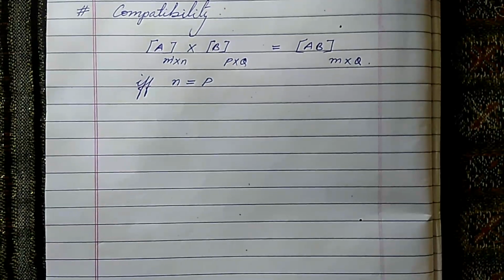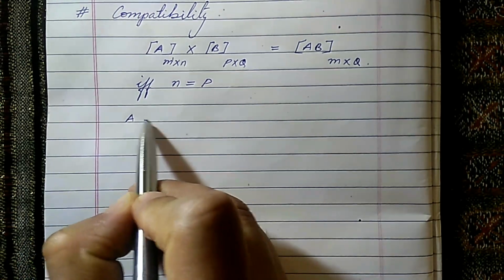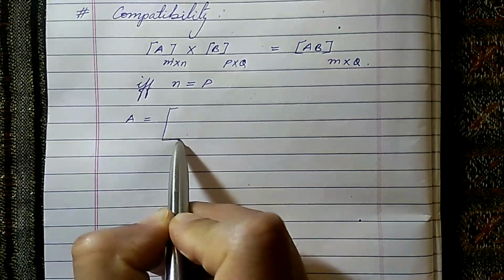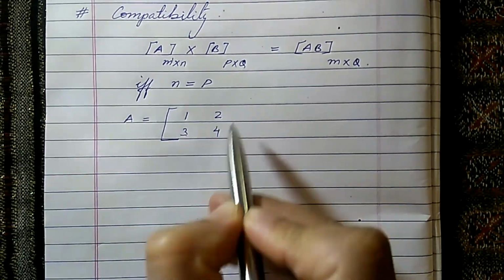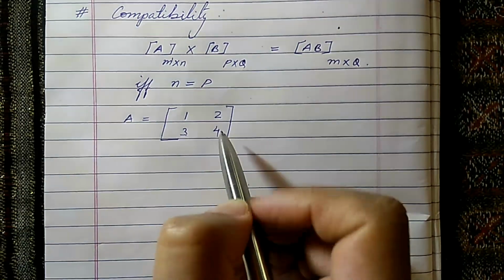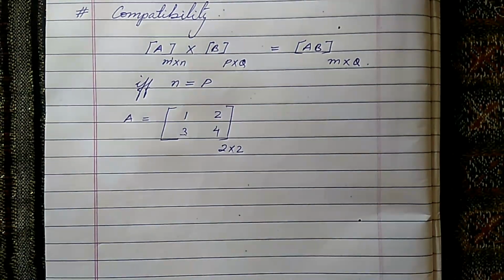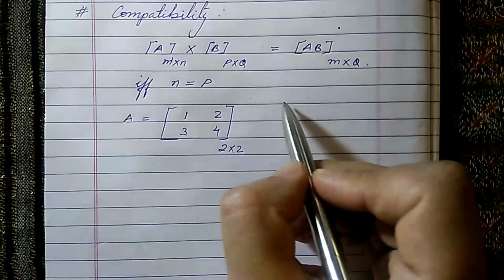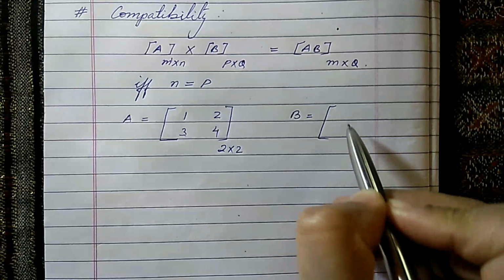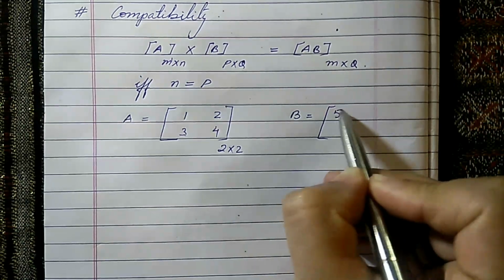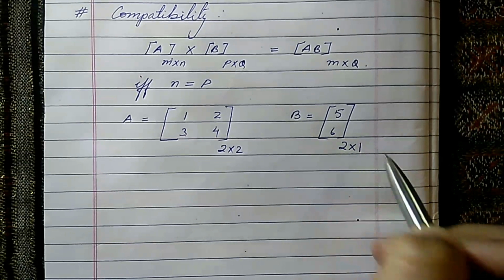Suppose, for example, you have a matrix A which is 1, 2, 3 and 4. So its order is 2 by 2. Then you have another matrix B whose order is 2 by 1.